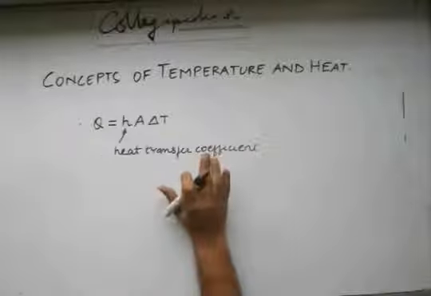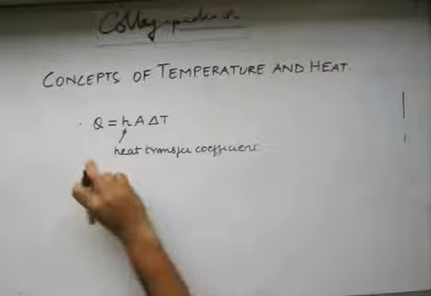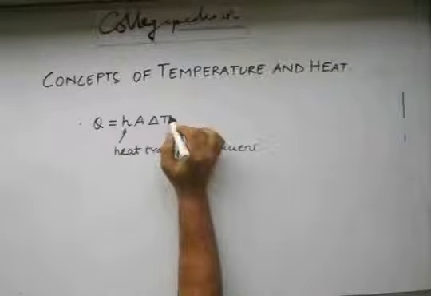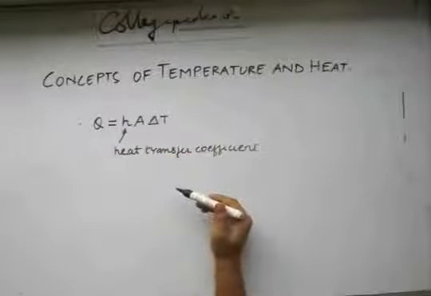This comes from Newton's law of cooling. We will be looking at Newton's law of cooling in a short while, but for now just know that this is how the expression of heat transfer in convection looks like.